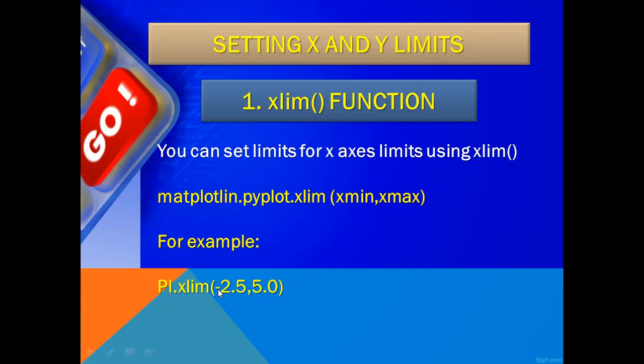So what is it? -2.5, that is the minimum value. What is the maximum value here? This is 5.0. 5.0 is the maximum value. So you can set the limit also.